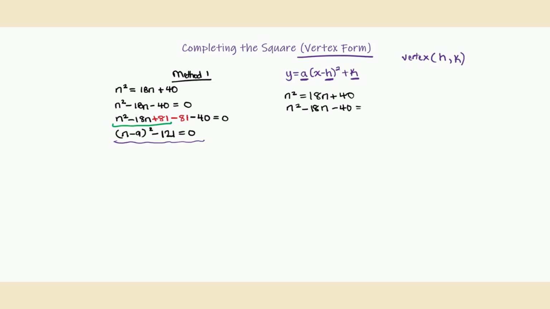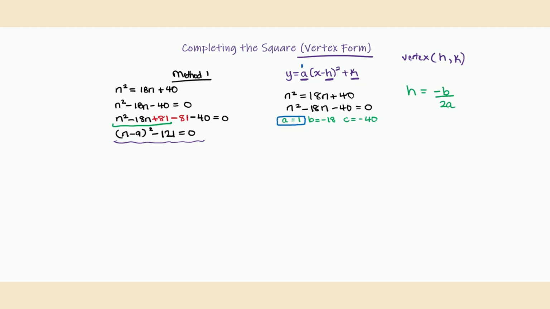So a is 1, b is negative 18, and c is negative 40. The reason we need to know what a, b, and c are is because there is an actual formula for finding h. We can find h by using the formula negative b over 2a. So we've established a, which is 1.